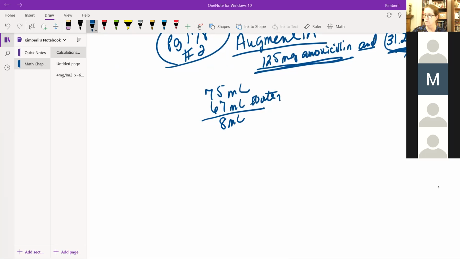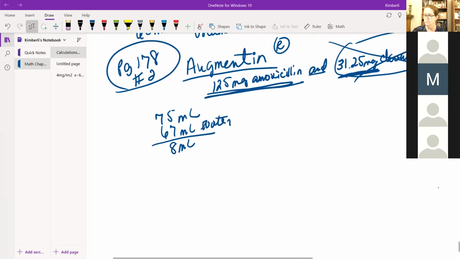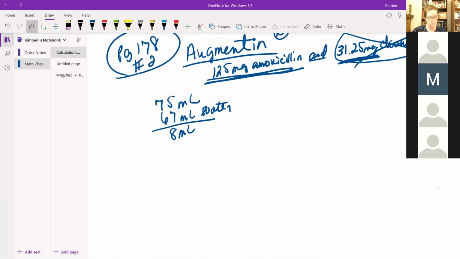So that 8 milliliters is what? I think this is the powder. Yes, that's the powder volume. Okay, so we skipped a question, and we'll put what is the powder volume? 8 milliliters.